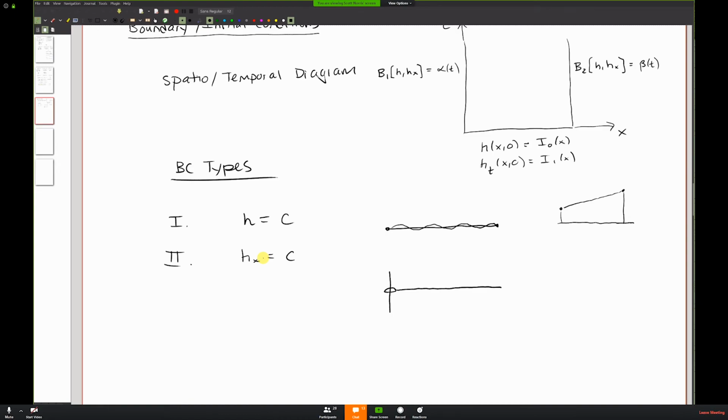And this brings up an interesting point: not everything that is mathematically possible is physically common. All right. So for the wave equation, by far the most common boundary conditions, especially when we're talking about string instruments, are Dirichlet conditions.